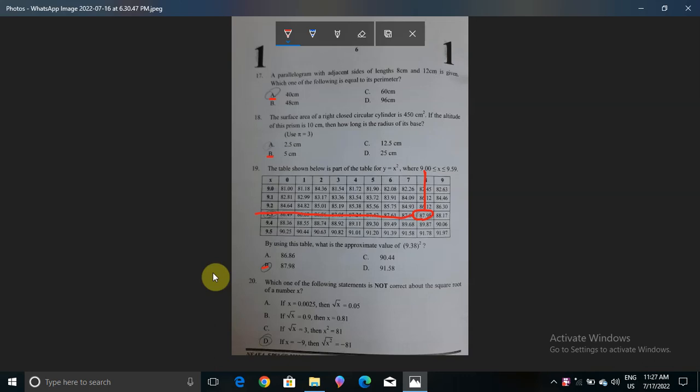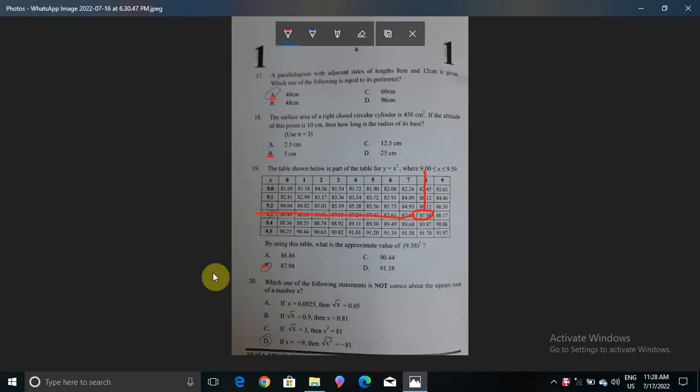Here choice A is saying, if x is equal to 0.0025, then radical x will be 0.05, right? So that means it's correct. And choice B is saying, if radical x is equal to 0.9, then x is equal to 0.81. Yes, that's correct. Now if radical x is equal to 3, then x squared is equal to 81. Yes, that's correct.